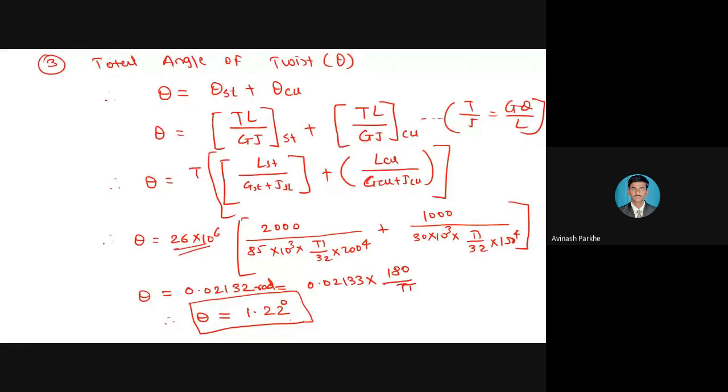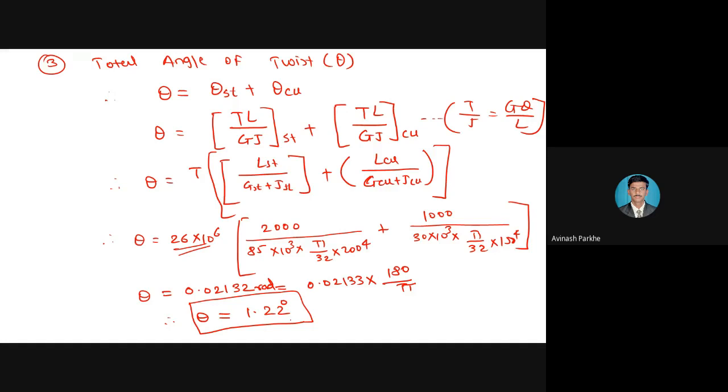Okay, so this is one sample problem I wanted to discuss with you. Yes, 1.22, now it is correct. This shows how to calculate the total angle of twist if the shafts are connected in series. Series means the two shafts are connected to each other along the length in the horizontal direction.